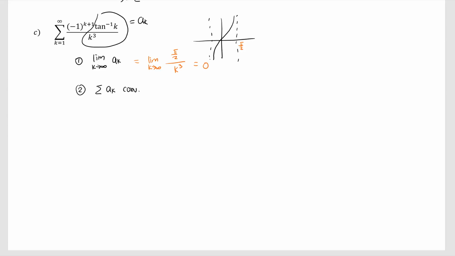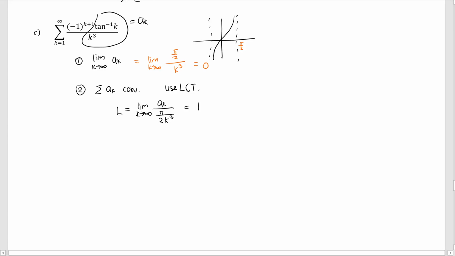We use the limit comparison test, right? So we compute L. L is the limit as k goes to infinity of a sub k over our p-series. Well, I can combine the 2 and k cubed together. This is 1 because they behave very similarly eventually, right?